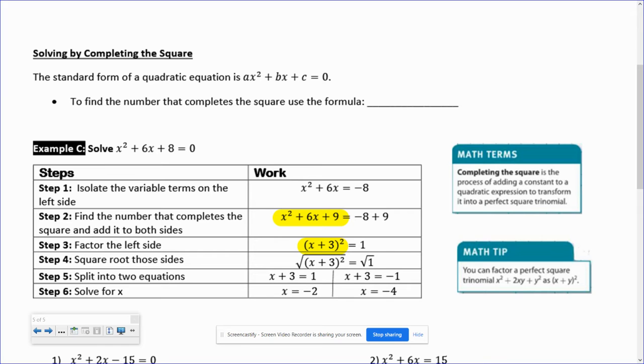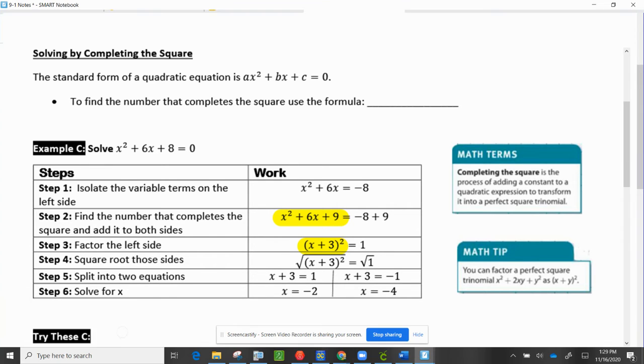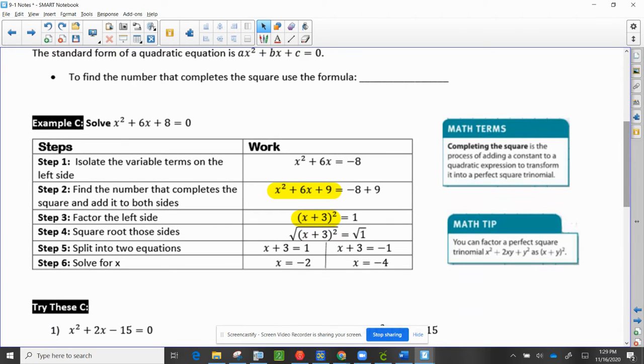So in order to complete the square, we need to figure out what number we need to include in the problem to get that perfect square trinomial, this plus 9 that we included.